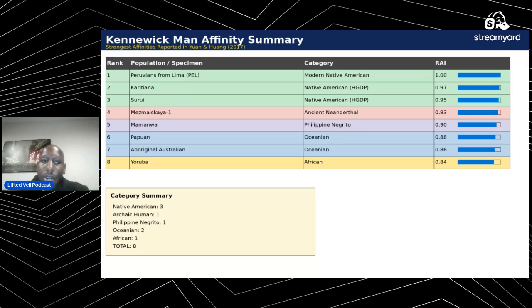Well, I said Central America, North America, including Canada, up into the Bering Strait region, Siberia, Central Asia, or Central Eurasia, or West Eurasia. So pretty much the only place that signal was found in the world that they know of, or at least they found to date, is in these two Amazon populations. So here again, Kennewick Man is sharing a high affinity with these two populations again. Just keep that in mind.